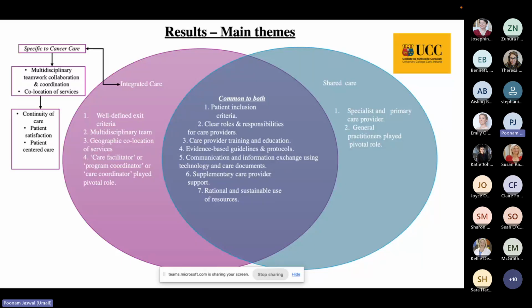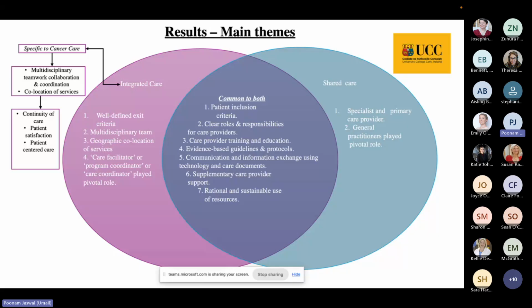Shared care, in contrast, focused particularly on the collaboration of specialists and primary care providers, and general practitioners play a significant role within shared care.